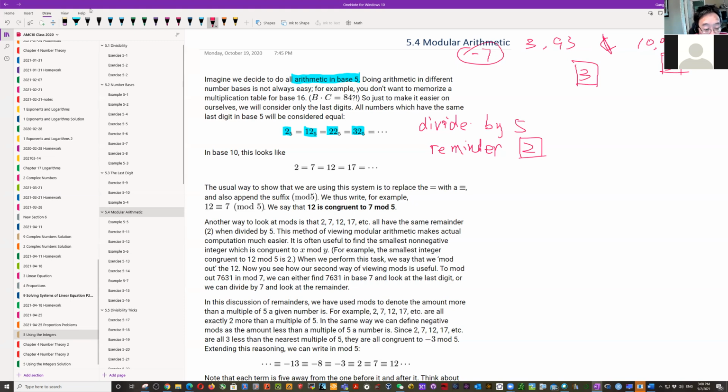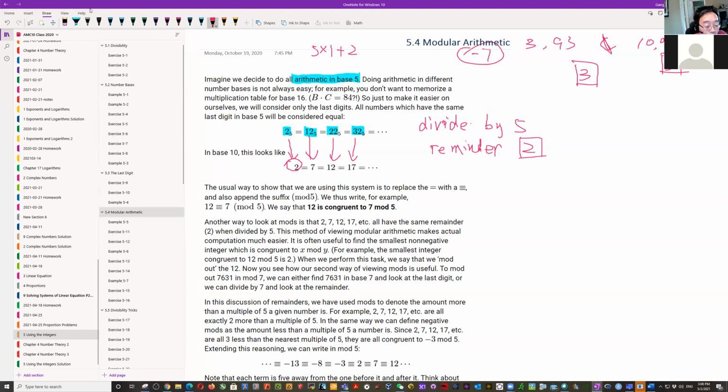And if you express those numbers in decimal, 2 base 5 in decimal, 12 base 5 in decimal, basically it's just 5 multiplied by 1 plus 2. So basically it's 7, and this is 12, this is 17. They are all congruent to 2.